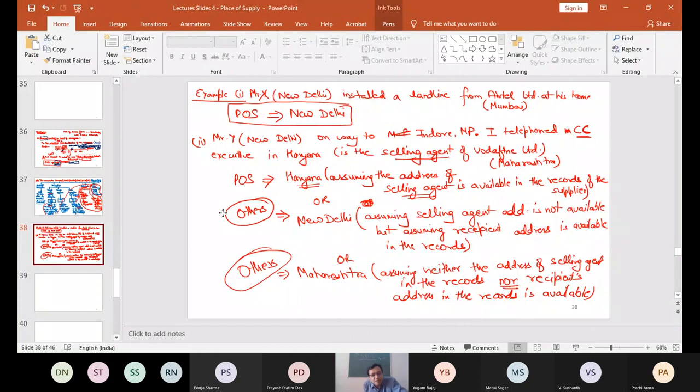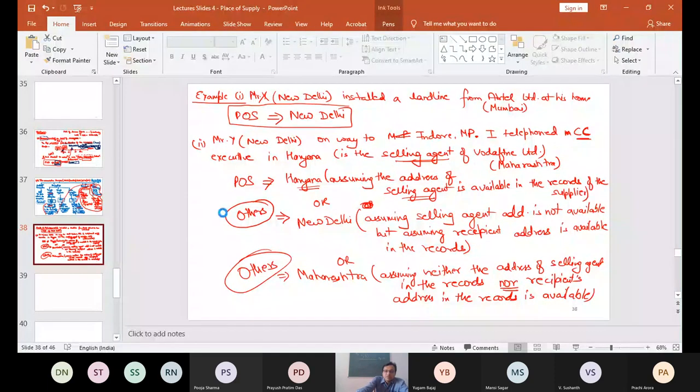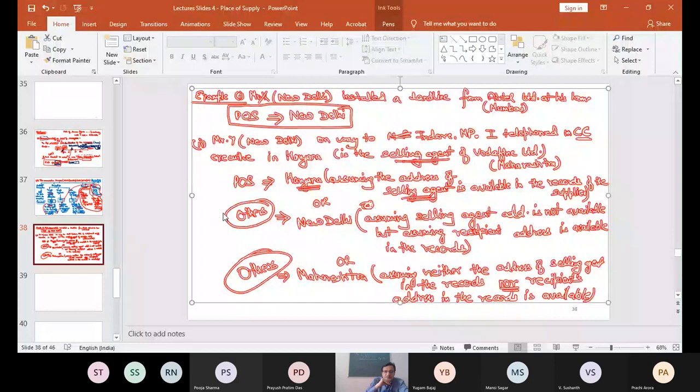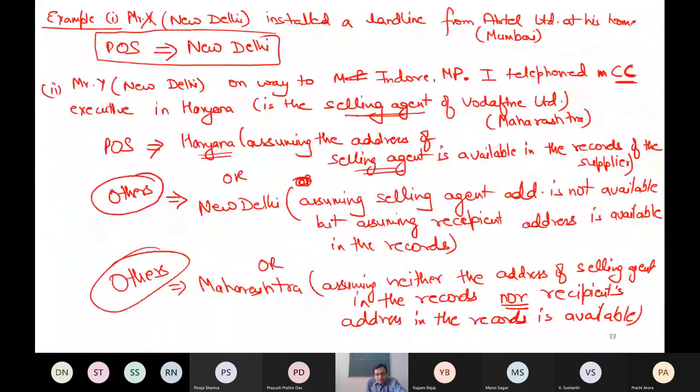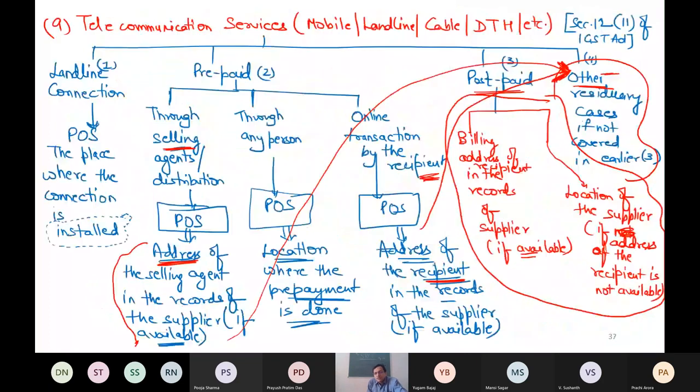I have given the example of selling agent, and if address of selling agent is available, that is the answer. If address is not available, then also I have an answer. If address of recipient is also not available, then also I have an answer. So by default, in this prepaid, I have covered others also.